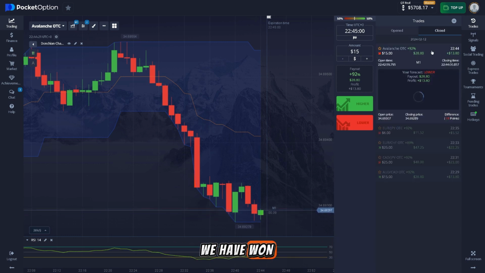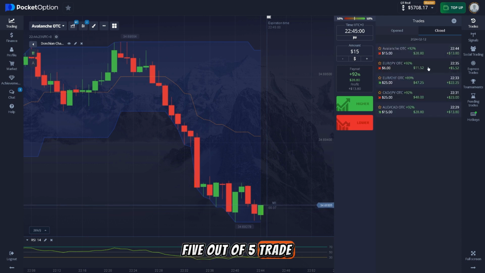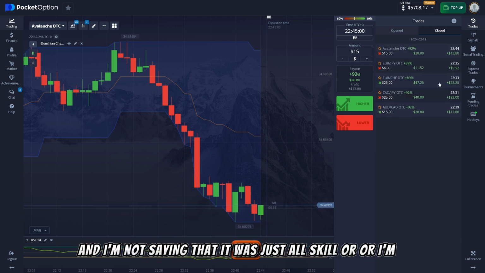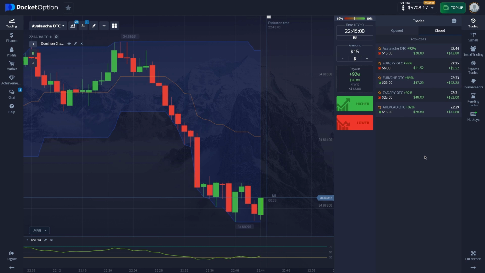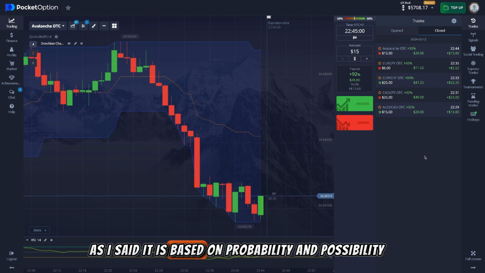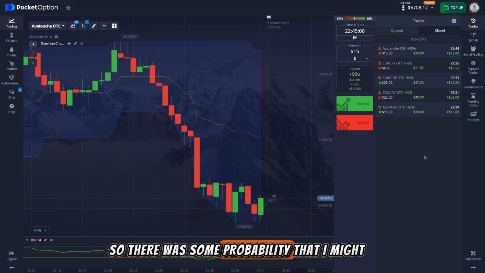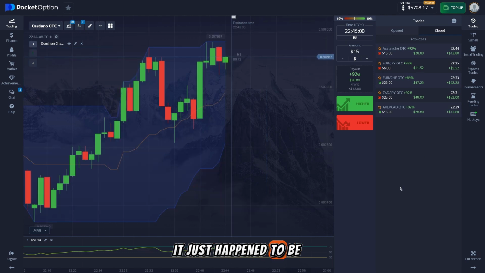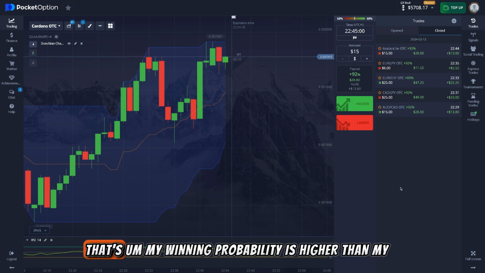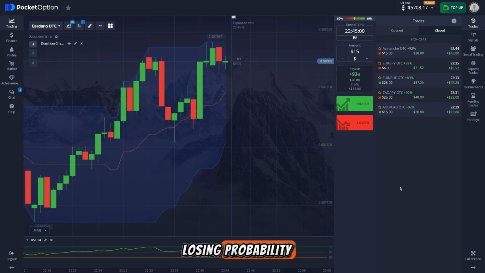As you can see, we have won 5 out of 5 trades, and I'm not saying that it was all skill or that I'm some kind of god that wins every trade. As I said, it is based on probabilities and possibilities. There was some probability that I might even lose some money. It just happened that my winning probability is higher than my losing probability.